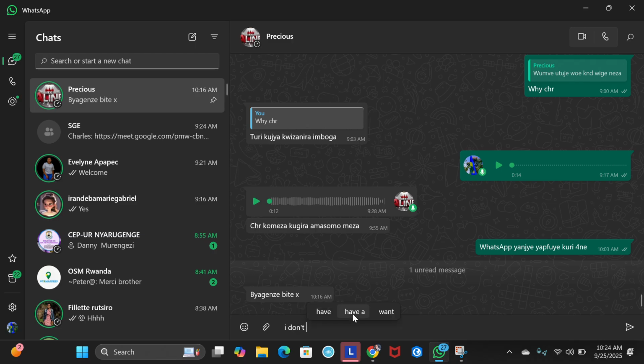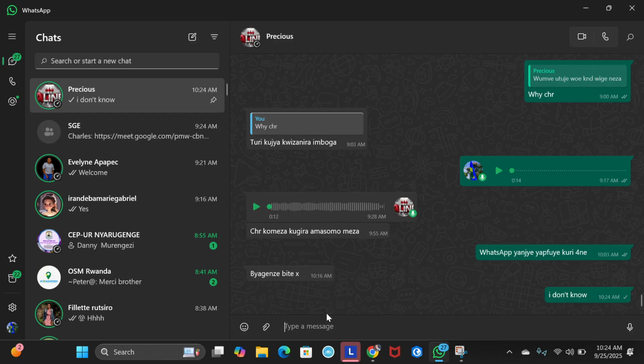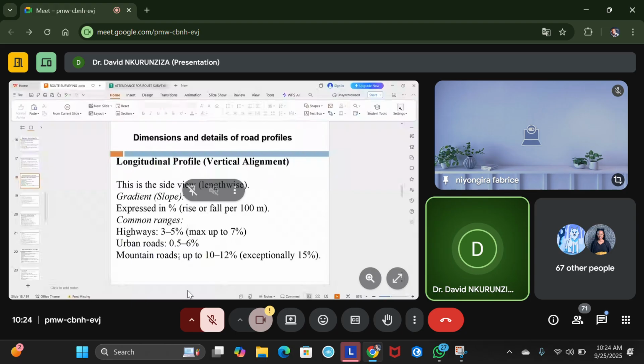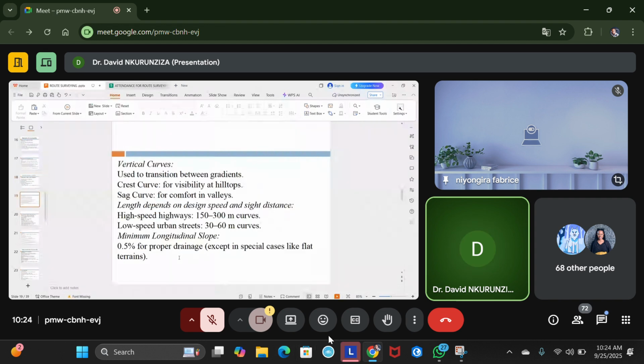So for the longitudinal profile, the dimensions are generally about gradients and slope, and expressing them in percentage. Then we also have curves, used between the gradients for visibility and for comfort.